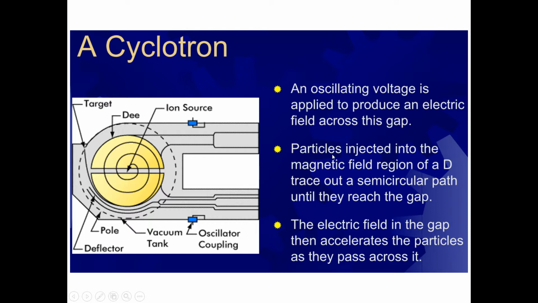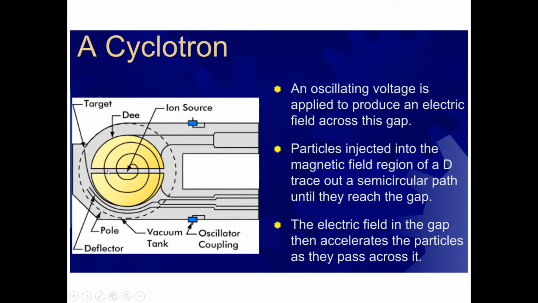A particle injected into the magnetic field region of a D traces out a semicircular path until it reaches the gap.